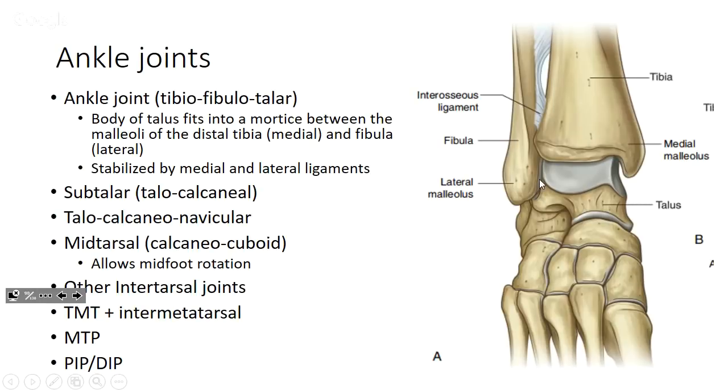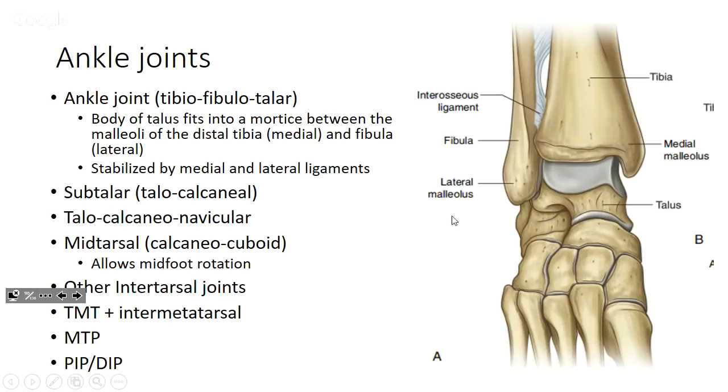So with the joints of the foot, I was already talking about the tibiofibular joint, which is the mortise I was talking about. Then there is the subtalar joint, which is between the talus and the calcaneus here.